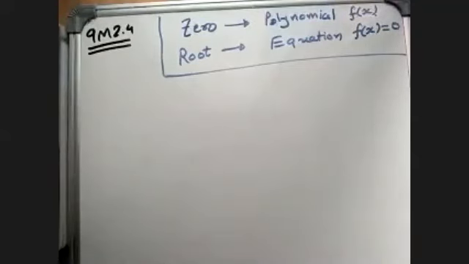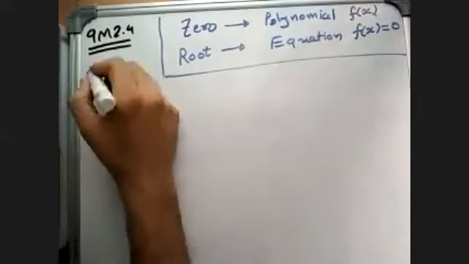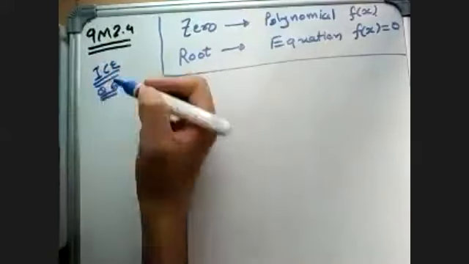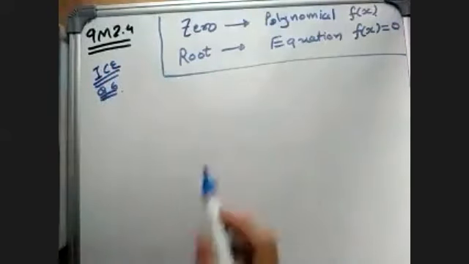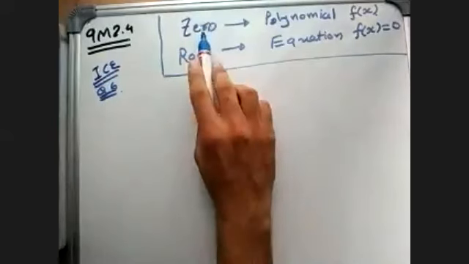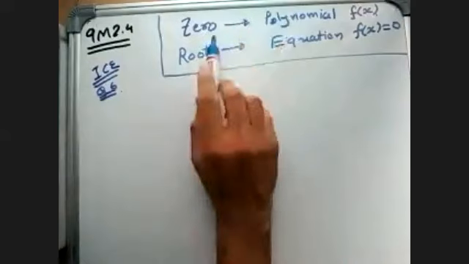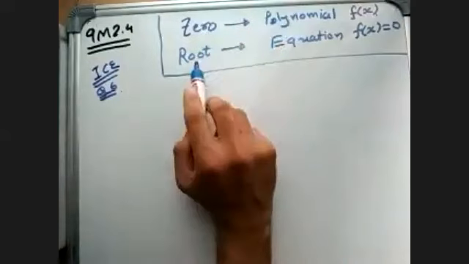Okay. Yes, exactly. Both are same only, but 0 is related to polynomial and root is the term related to equation. But you can use vice versa as well.